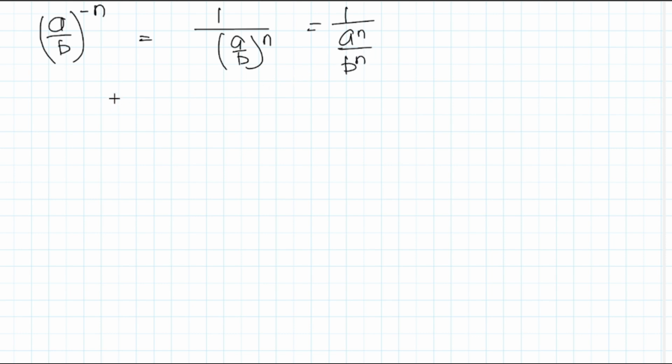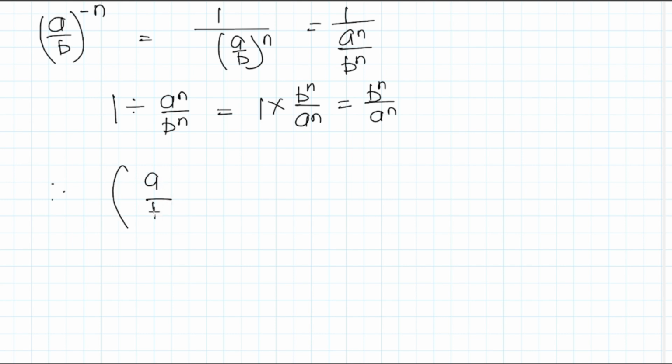If you apply division of fractions, turn it upside down and change to multiplication, we have b raised to power n over a raised to power n. So in short, whenever you have this expression raised to power minus n, we invert the expression inside the bracket.